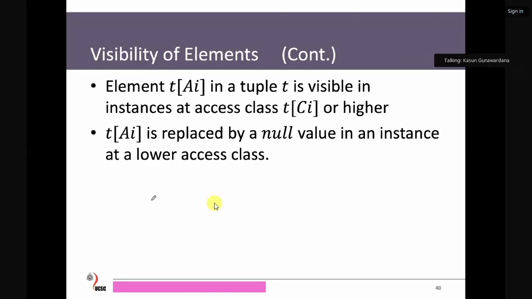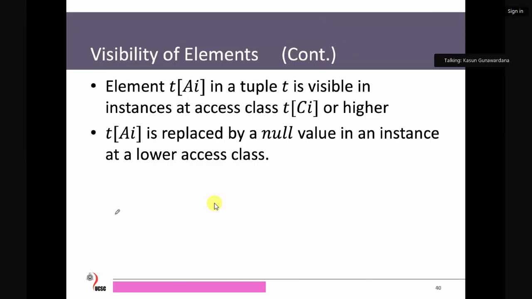So the data attribute value will appear in instances where the classification level is Ci or higher, right?